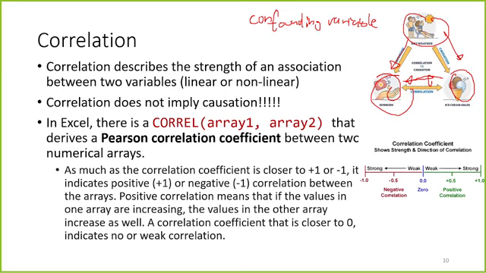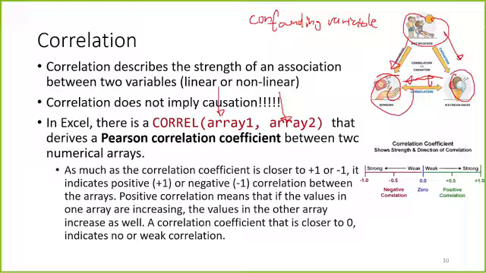Okay, so in Excel we can use the formula CORREL, and then your input is two sets of variables, and there's no option to choose which correlation coefficient. This is only the Pearson correlation coefficient between two numerical arrays.